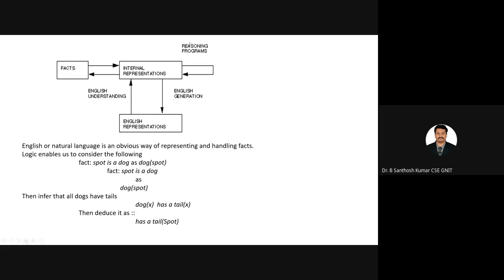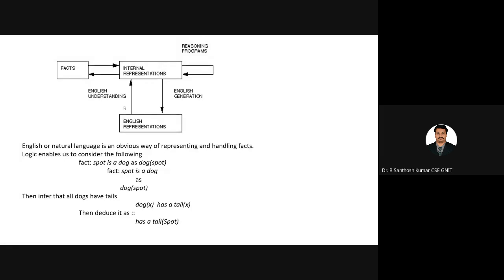Here we are adding reasoning programs and English understanding, and again sending to the facts. Initially the fact is only 105.40, but we send it to the internal representation, where we have the reasoning programs and use English generation. The English representation gives some information to that data.